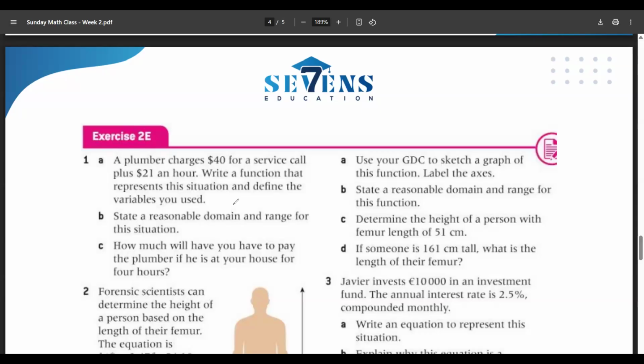Wait, do we have to put like f(x) in the front? Yeah, sure. The variable doesn't really matter, but yeah, sure, it'll be a function. Okay, Ryan, that's correct. Hannah? Ryan, you can move on to B and C.